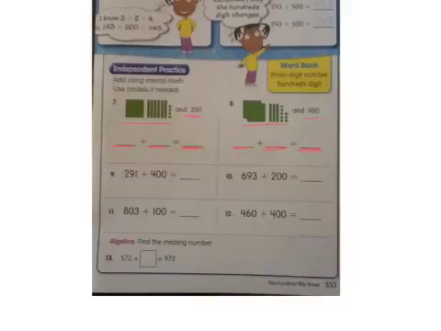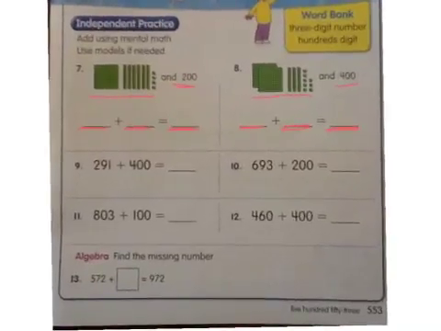And then number 13, it says find the missing number. So if we were to zoom it in a little bit, find the missing number. It says 572 plus blank equals 972. Well, let's take a look at the hundreds digit. In 572 is 5, okay? Plus blank equals 972.